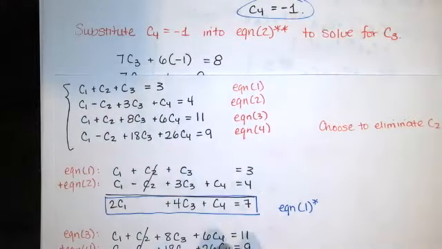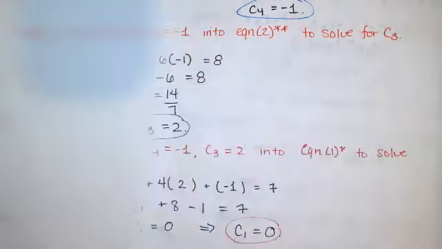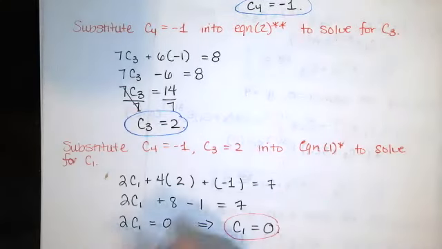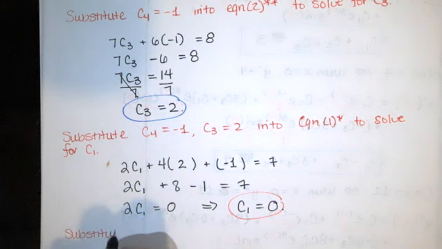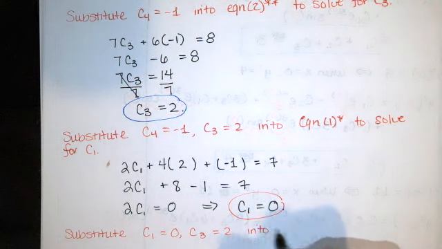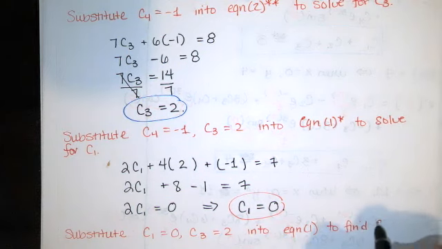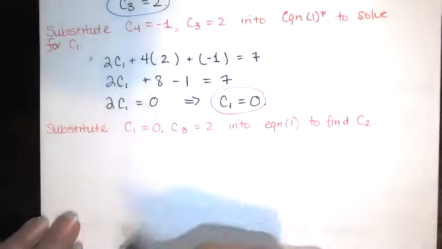Go back to your original 4 equations and 4 unknowns. If I know C1 and C3, I can find C2 from right there. So let's substitute C1 and C3 into equation 1 to find C2. So we've got this.